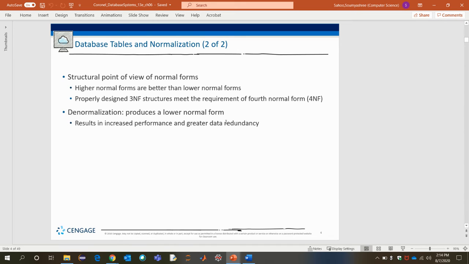So it's always better to see what the higher normal forms of the given database are, and we should at least reach up to third normal form. Properly designed third normal form structures always meet the requirement of fourth NF.